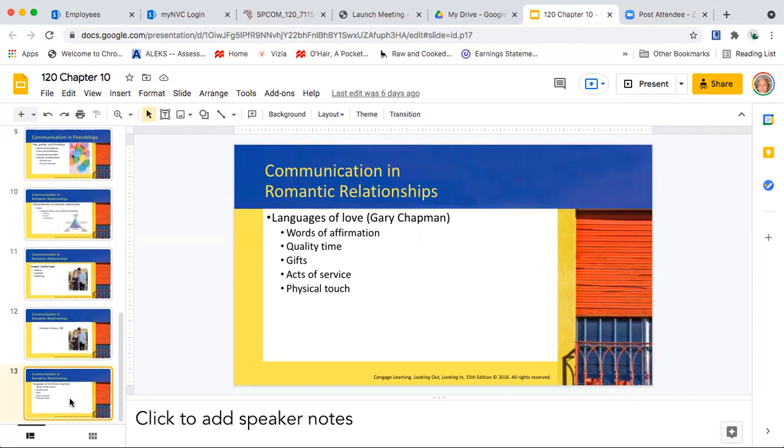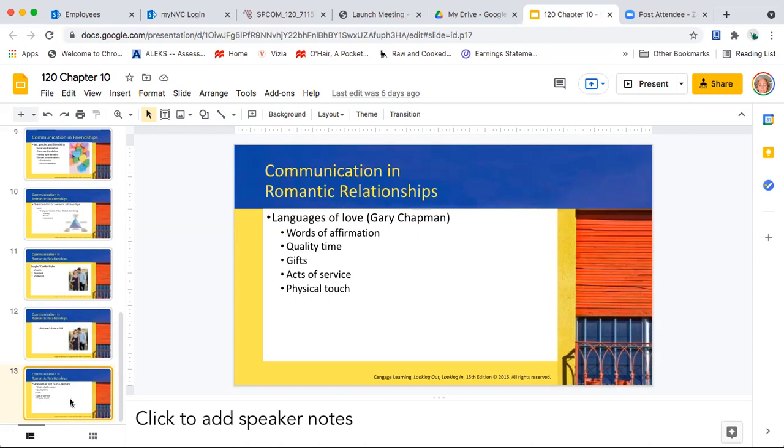It could definitely be everyday chores around the house, something your partner normally does, but you do it as an act of service, just to be of service to your partner.